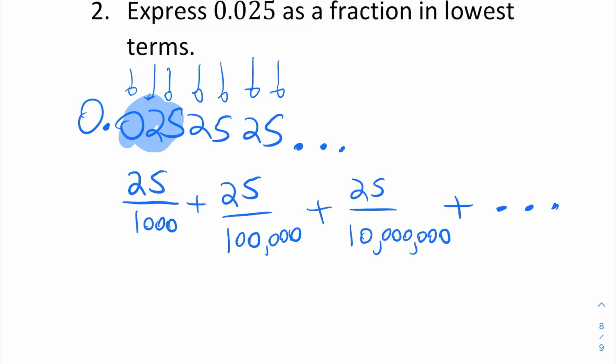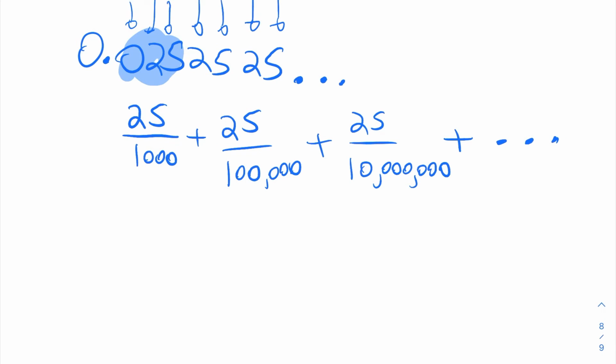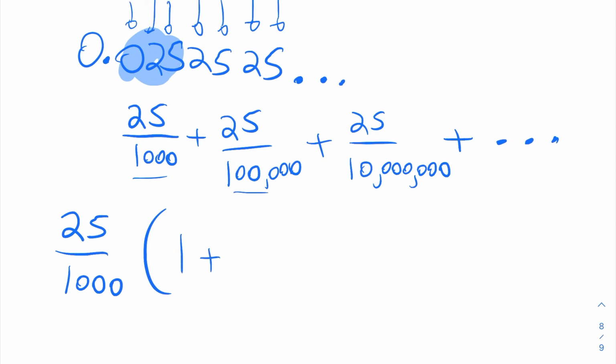Let me clean it up a little bit first by factoring out the first term, 25 over 1000. If I factor out 25 over 1000, the first thing just becomes 1, while the second thing becomes 1 over 100, because when you divide 25 over 100,000 by 25 over 1000, 3 of those zeros cancel.